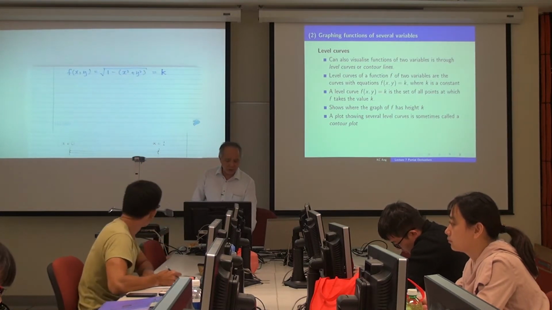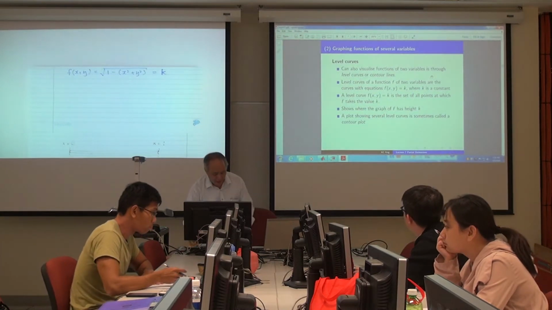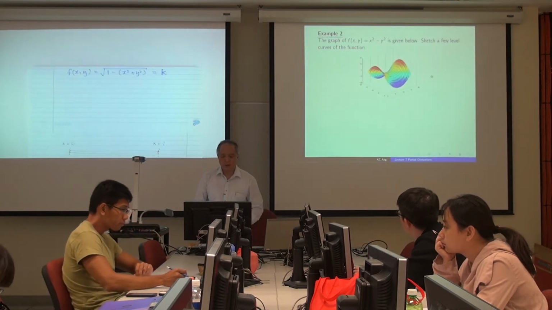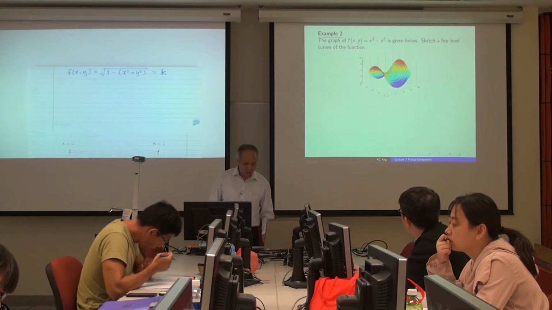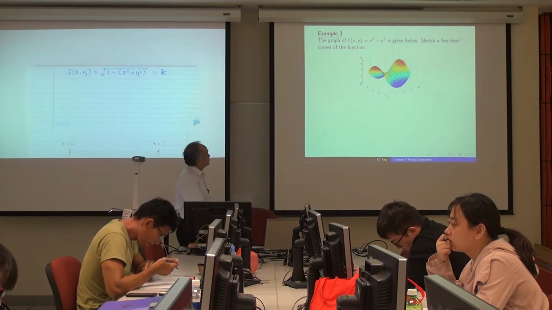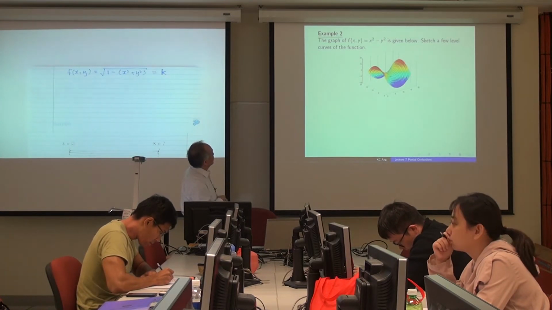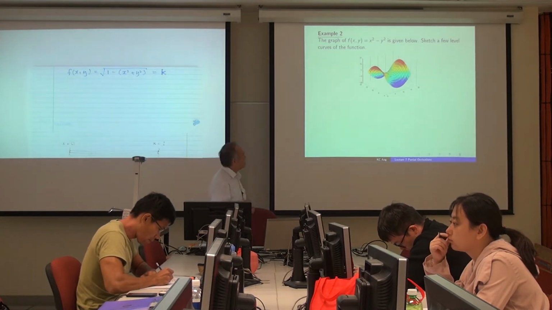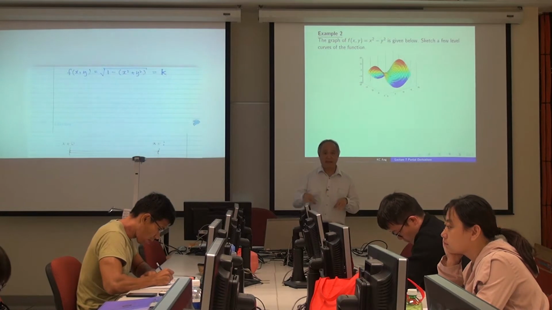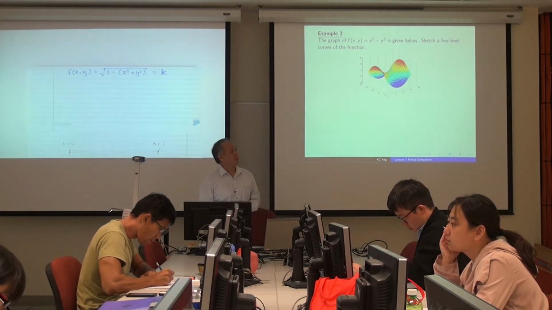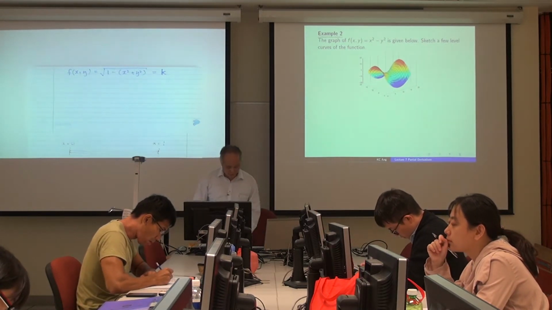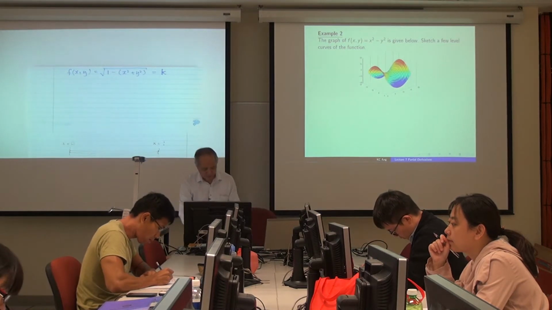We normally do not do this by hand. For instance, if we look at example 2, the graph is shown below. This is sometimes what we also call the saddle function, because it looks like the saddle that you put on a horse.